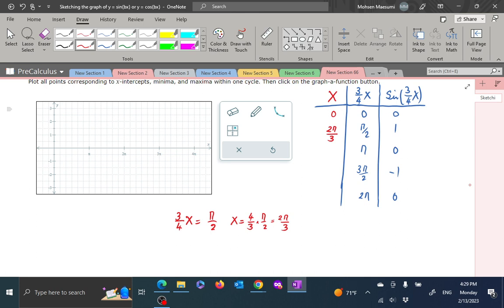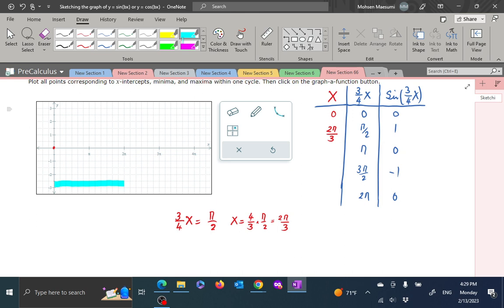My x becomes 2 pi over 3, so that 3/4 of x becomes pi over 2, so that the sine of it becomes 1. Well, 0 is always easy. That doesn't give us much. There's 0. 2 pi over 3. Again, they have ruled this page for us so that it's easy for us to play with this thing.